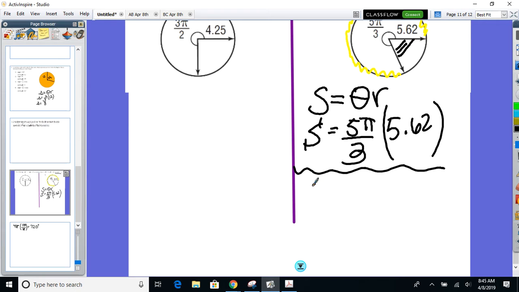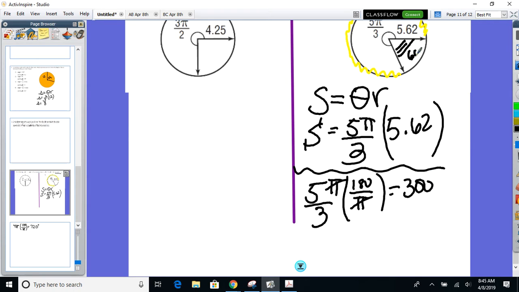So instead, what I'm comfortable with you guys doing is taking 5 pi over 3, converting it to degrees. How do I convert it to degrees? 180 over pi. Oh boy. 300. Okay, so if that's 300, what's that angle if they all add up to 360? 60. So I know this angle is 60 degrees.